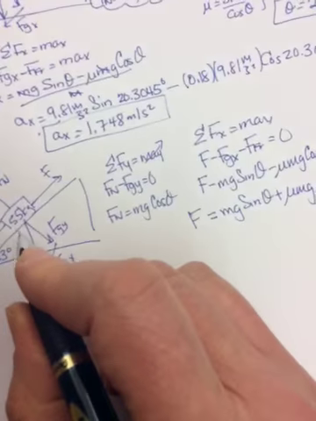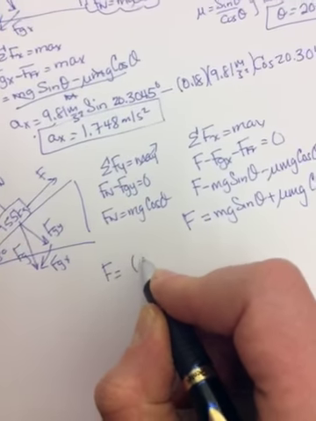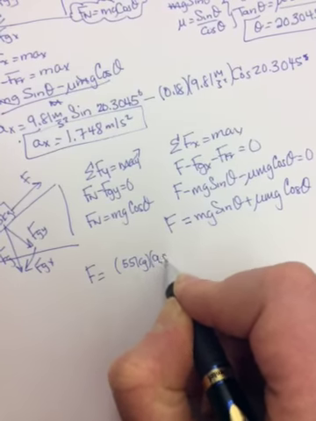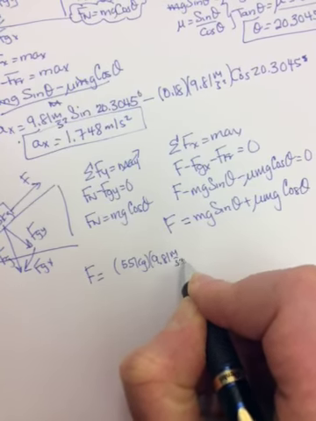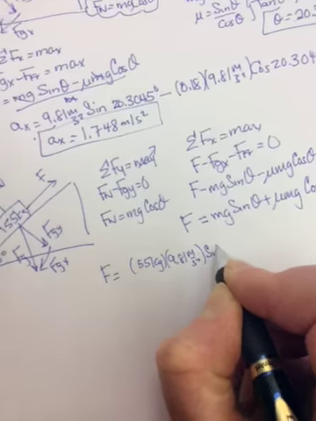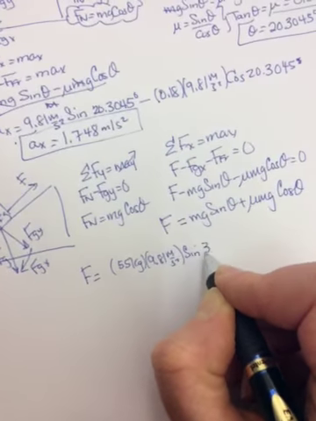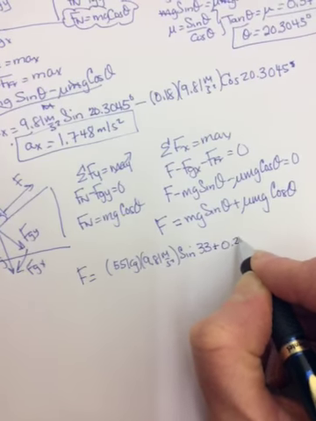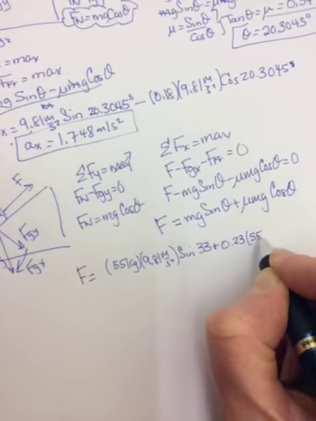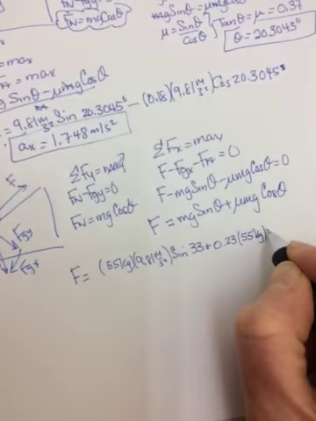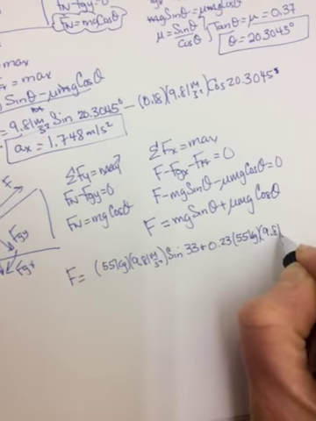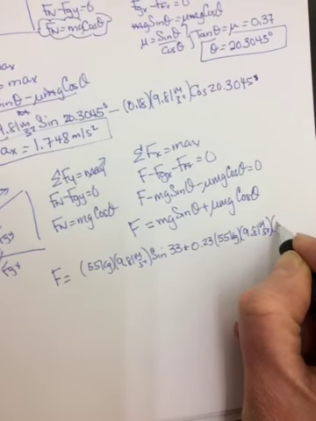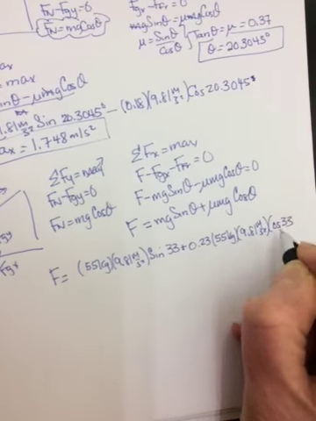constant speed. So the mass of the box was 55 kilograms times 9.81 meters per second squared times the sine of the angle, which was 33, plus the coefficient of friction was 0.23 times 55 kilograms times 9.81 meters per second squared times the cos of 33.